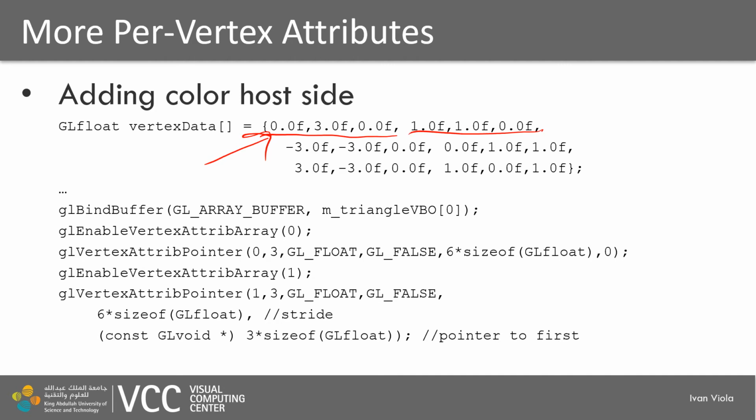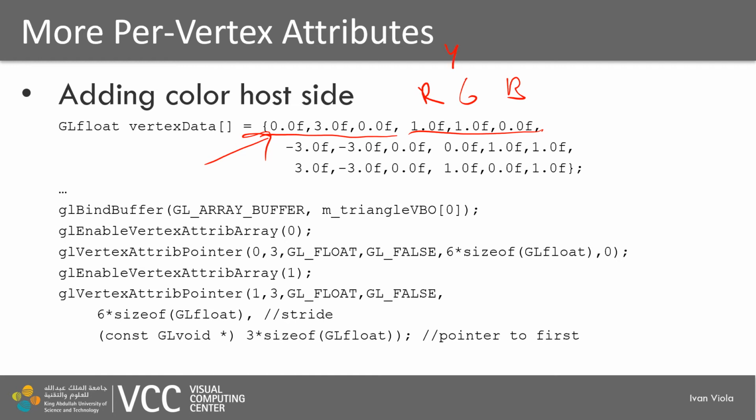So 1 1 0 will be RGB. So this color will be something between red and green, which will be the yellow color.